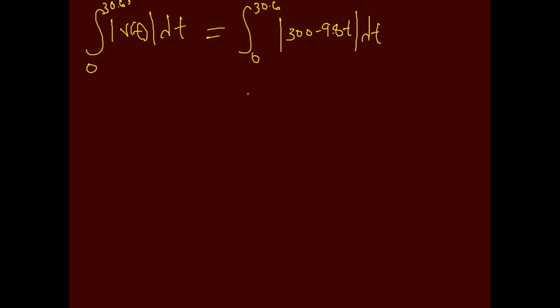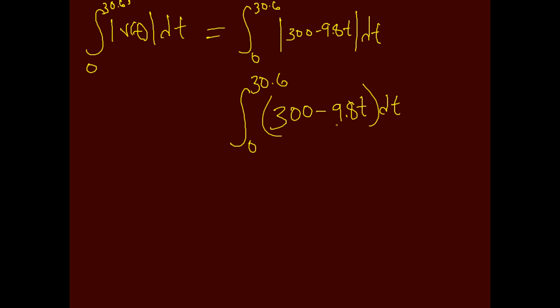So this really acts like the integral from 0 to 30.6 of 300 minus 9.8 t dt. And we can get rid of the absolute value because we know that that quantity is always positive within this interval. And if you do the integration, I'm not going to do it all right here, but you're going to get approximately that same value of 4,592 meters. All right, so in this case, our distance and displacement is the same.